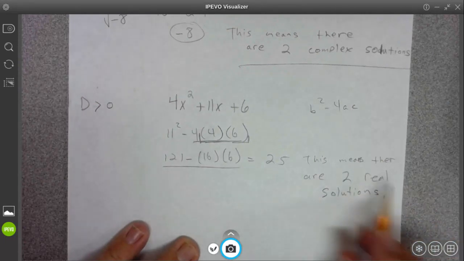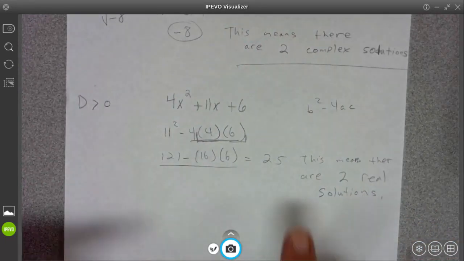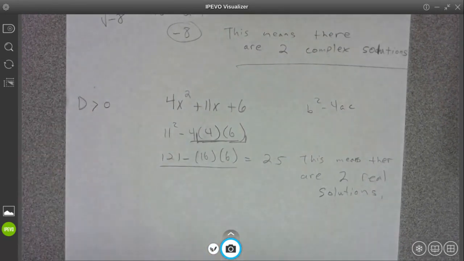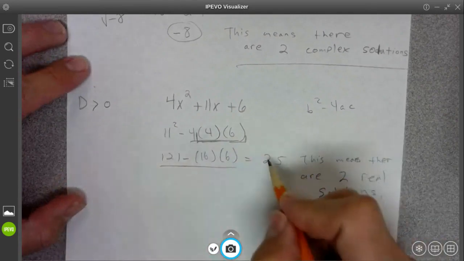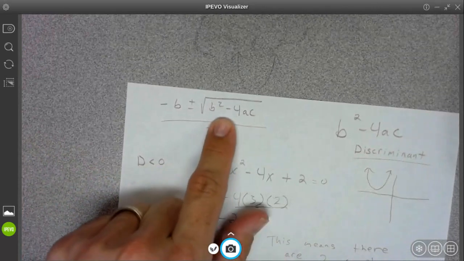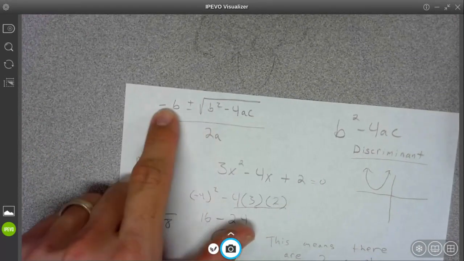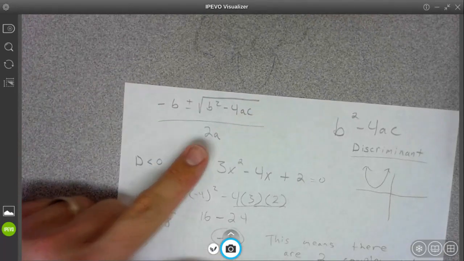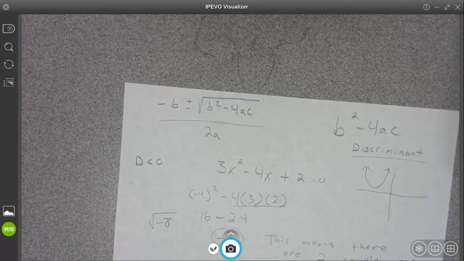We're going to talk more about this in a little bit, but if it's bigger than 0, that means you're going to have two real solutions, because when you square root this, which is part of the quadratic formula, you're going to plus or minus it with a number, and then divide that by another number, and that means it is going to be a real number.